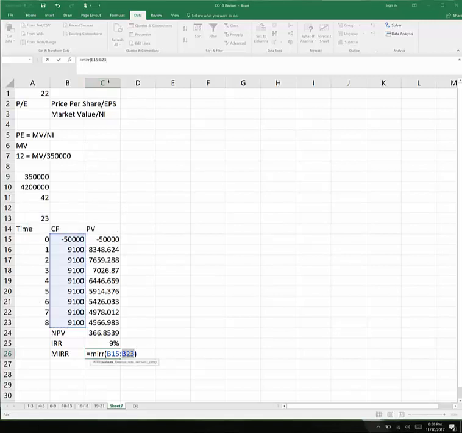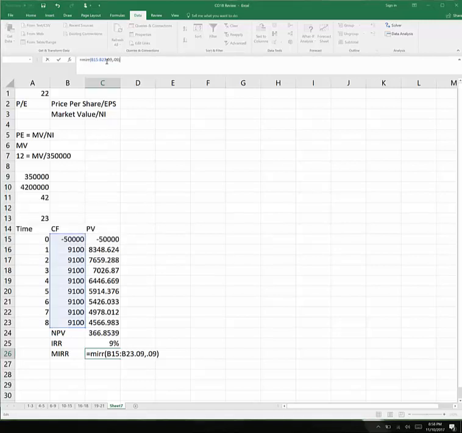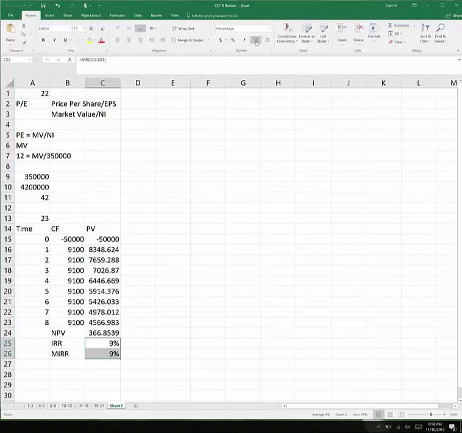We have to put in our finance rate and reinvestment rate using the 9% discount rate there. And I made another mistake. Okay, missing comma. So these are rounded, they're 9%, but let's look at some decimal points. So 9.2 for internal, 9.1 for modified internal.